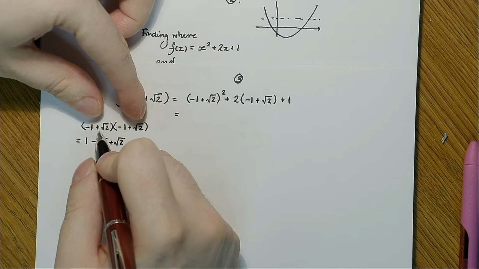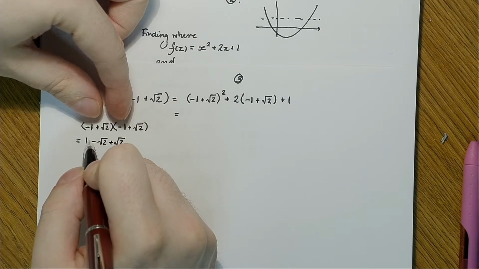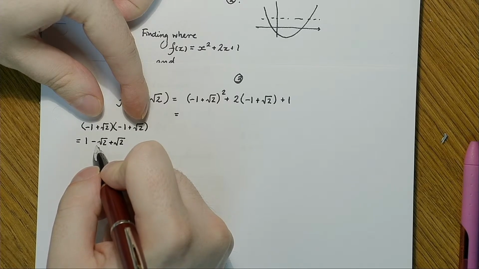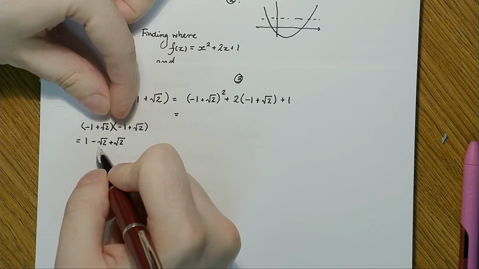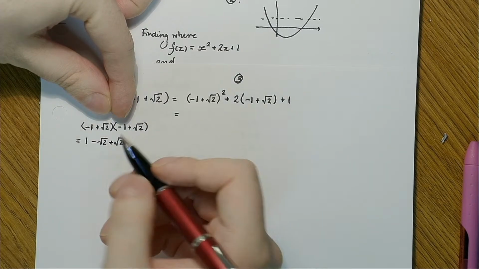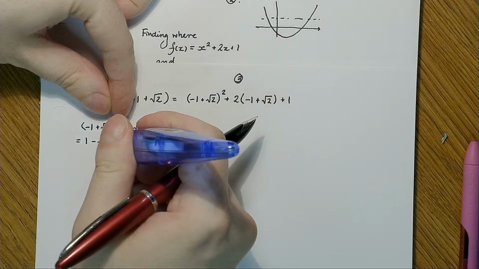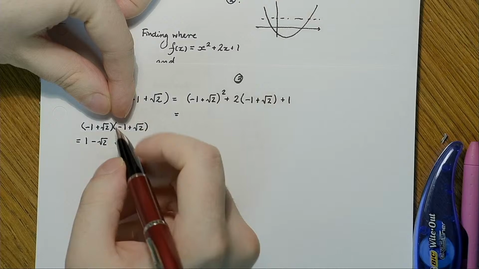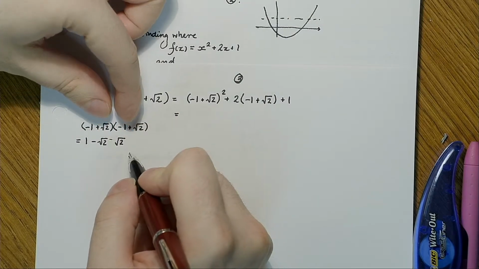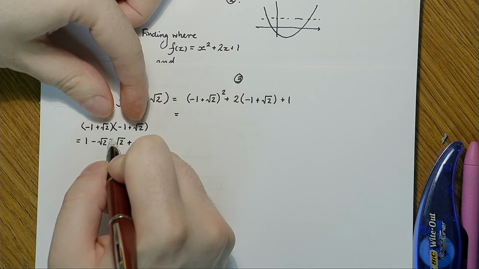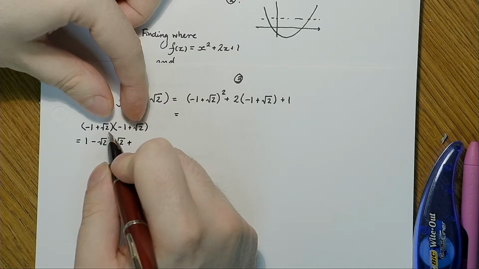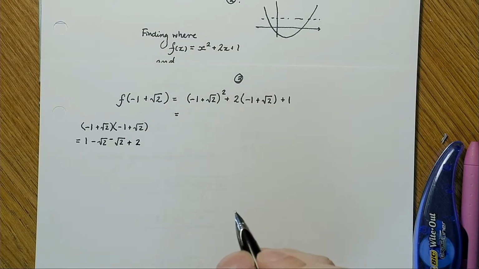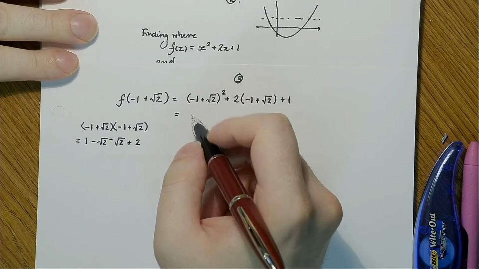No, you'll have a minus. There's the minus. And then in here, that's also a minus. And then here, a square root times a square root would give you just 2. So I can substitute that in.